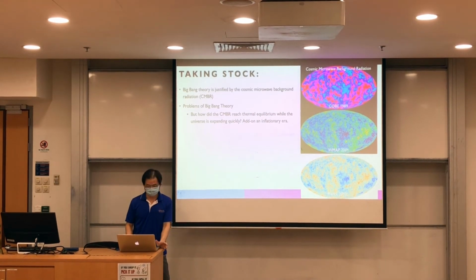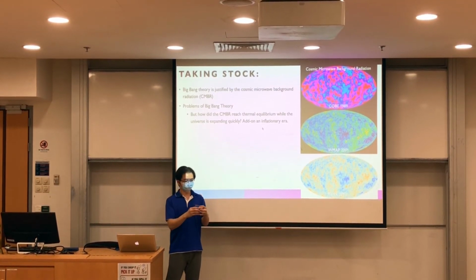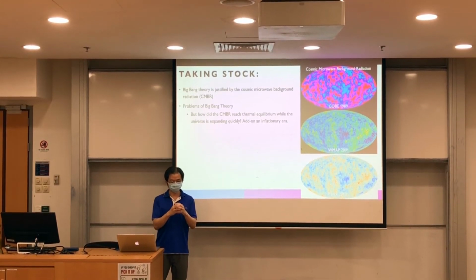So, what happens is that the remedy, the so-called remedy, was to change the Big Bang story a little bit to add in an inflationary era. That means we physicists cheat ourselves. Okay? We cheat ourselves by saying that after Big Bang, the universe was not so big.